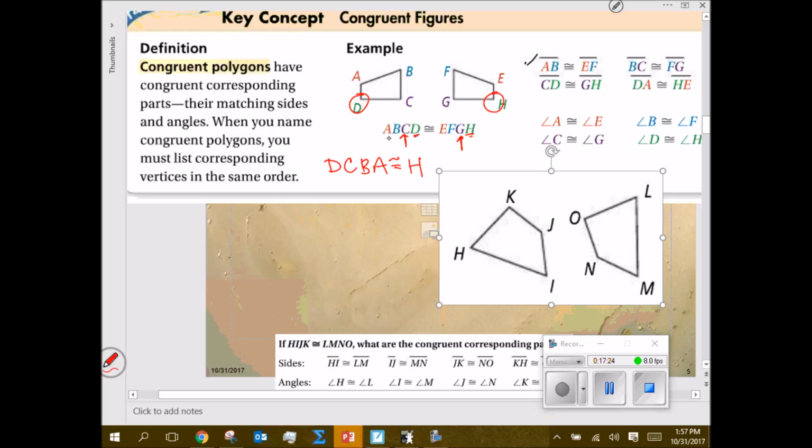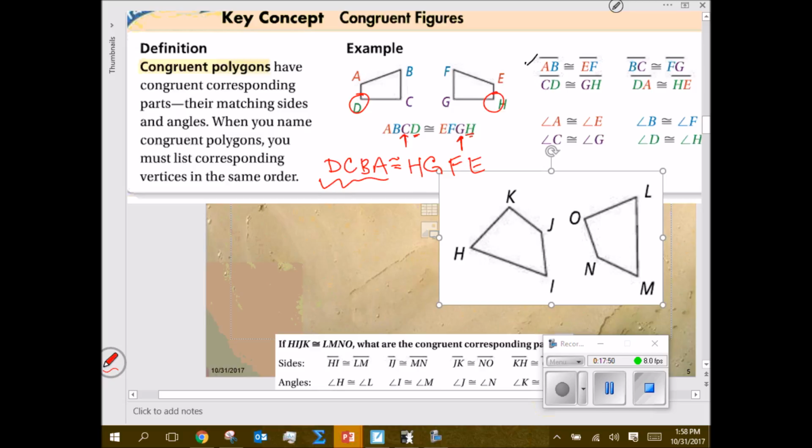So C and G always need to be matched up. B goes with F, so I'll put F. And then again, A matches up with E. So I renamed it. Basically, I just flipped it. A, B, C, D, and I went D, C, B, A. So if this was E, F, G, H, it needs to be flipped as well and go H, G, F, E. Does that kind of make sense to everyone?